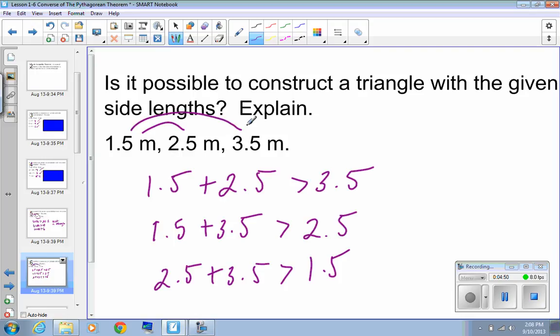Then I tried 1.5 plus 3.5, and we want to know, is that greater than 2.5? You should have gotten 5, and 5 is greater than 2.5. Then I tried 2.5 plus 3.5, which gives 6, and 6 is greater than 1.5, so yes, this forms a triangle.